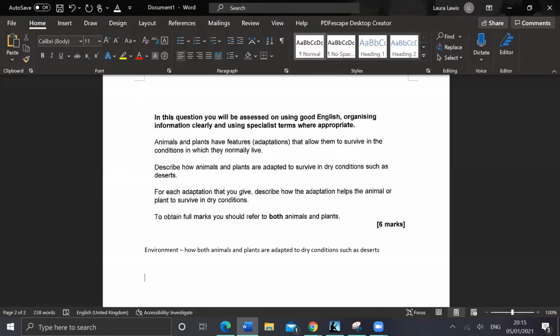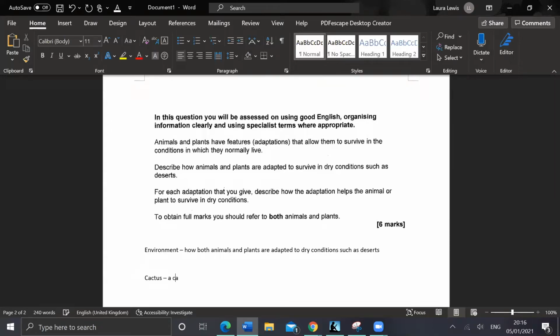Okay, so I think about something that lives in the desert. Okay, so what comes to my mind straight away is a cactus. Okay, it's a plant. So some people might struggle with plants, but cactus in this case is very easy because you see a picture of a desert, you see cacti, don't you? So a cactus. So let's think about how that is adapted to live in the desert.